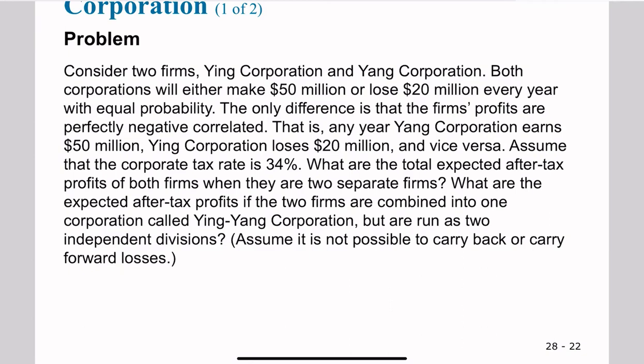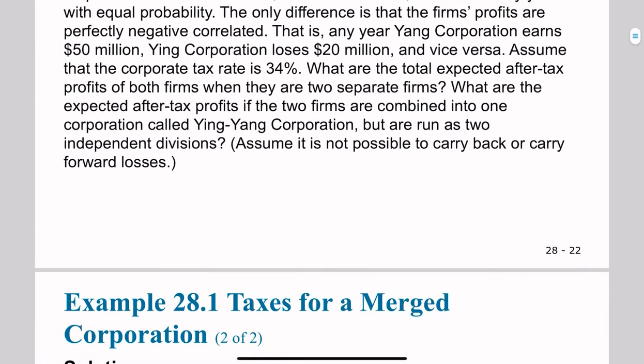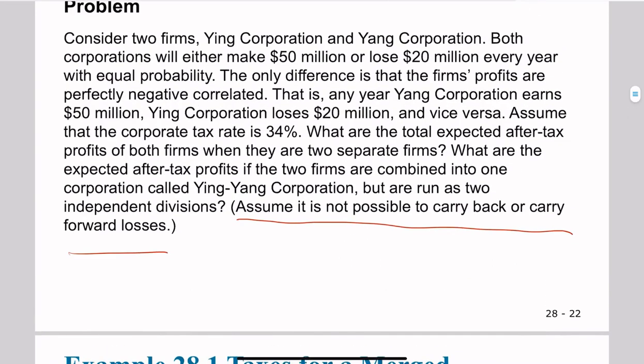We assume it's not possible to carry back or carry forward losses. You can see that this is not quite realistic, but still we can demonstrate the benefit from merger and acquisition. So let's look at the first question. What are the total expected after-tax profits of both firms when they are two separate firms?